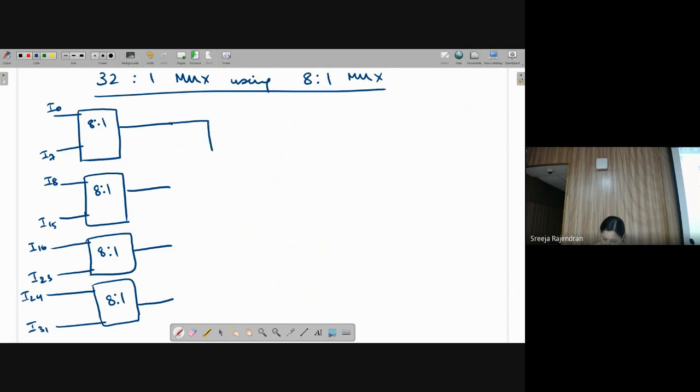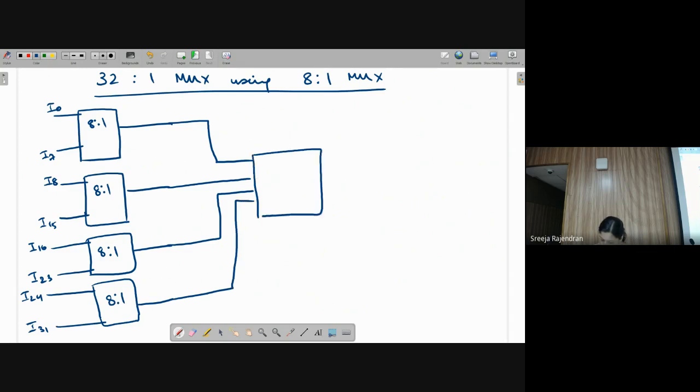So here what do I do? What mux can I use here? 4 is to 1. So as long as there is no restriction, you can use a 4 is to 1. And here how many select lines will I have? I have 2 select lines here. Okay, it's a function of A, B, C, D, E, F. My function. So A and B will be here.